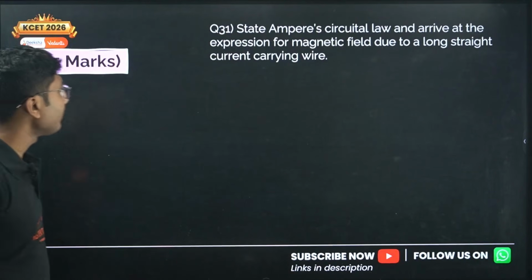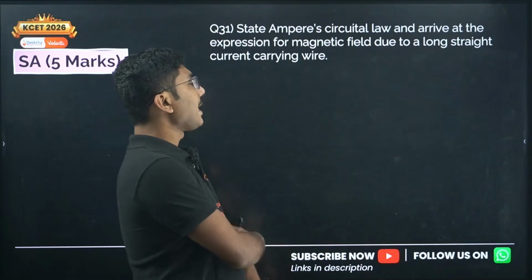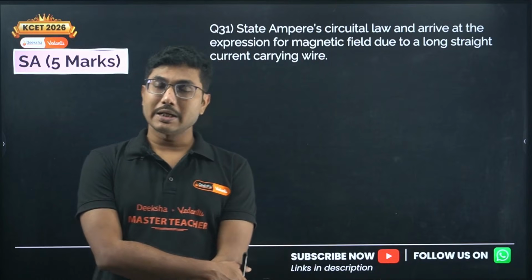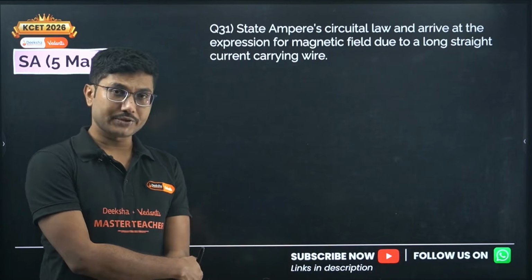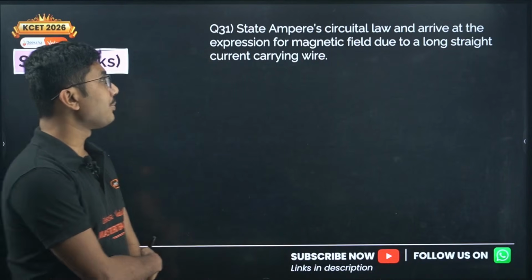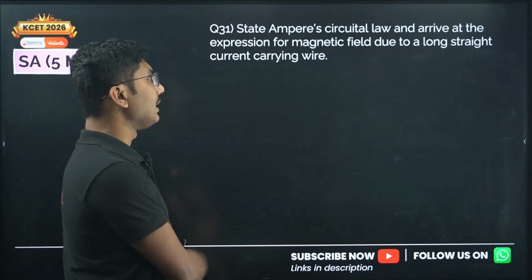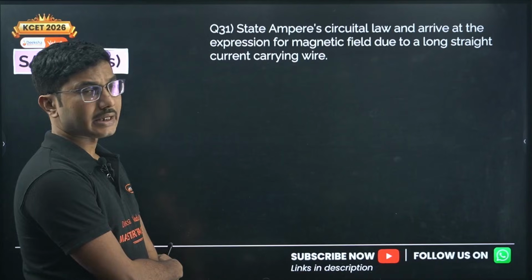Now let's move on to the 5 marker questions. State Ampere circuit law. Now from this chapter, numerical questions do not come. We are expecting a full theoretical question from this chapter. State Ampere circuit law and arrive at the expression for magnetic field due to a long straight current carrying wire.